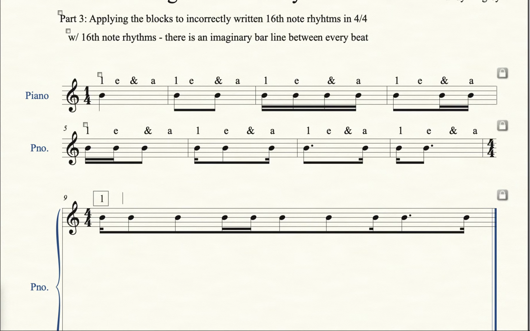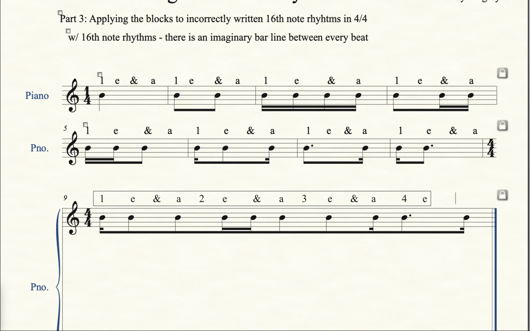So 1 E and a, 2 E and a, 3 E and a, 4 E and a.